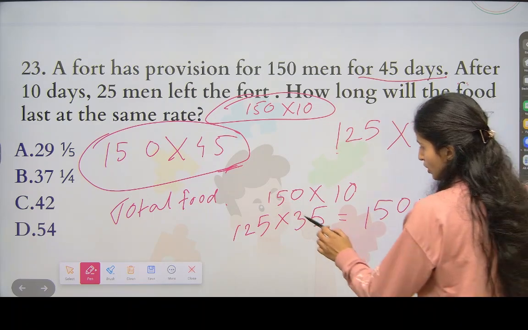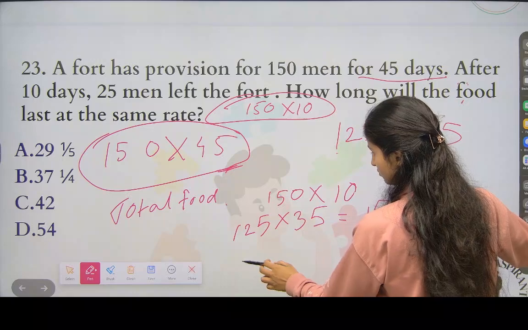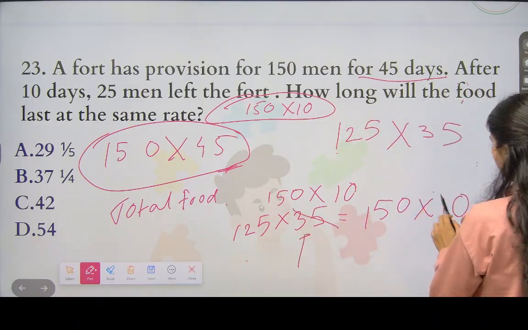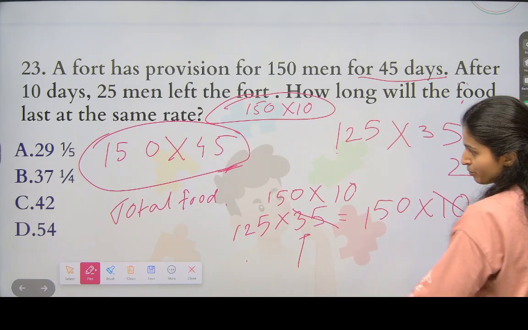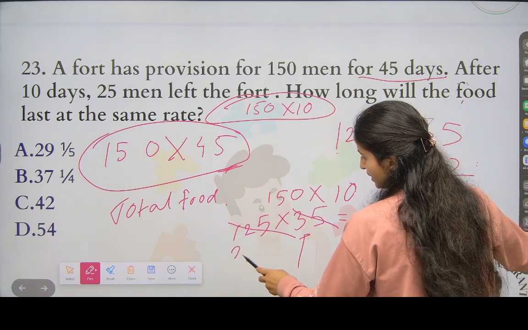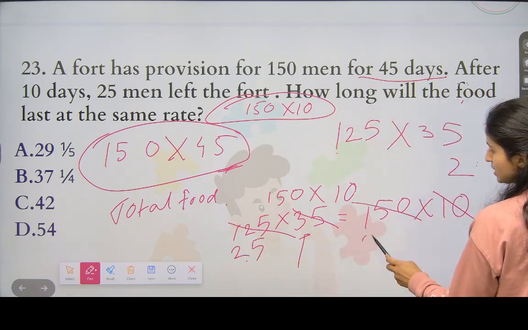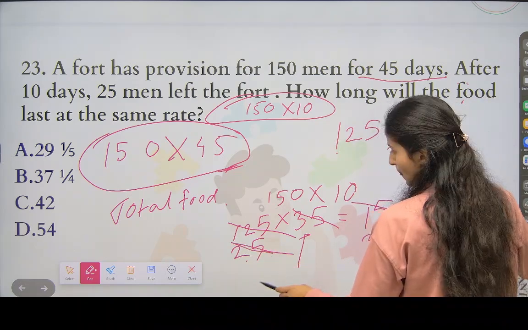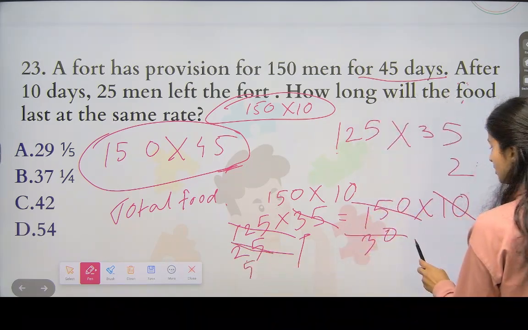Okay, so 5 7s are 35, 5 2s are 10, 5 5s are 25, 5 3s are 15, 0. 5 5s are 25, 5 6s are 30.